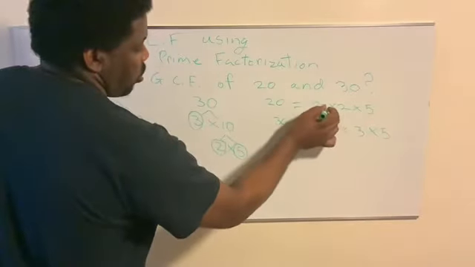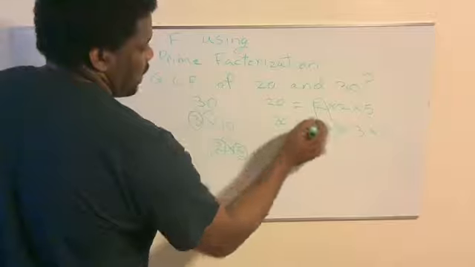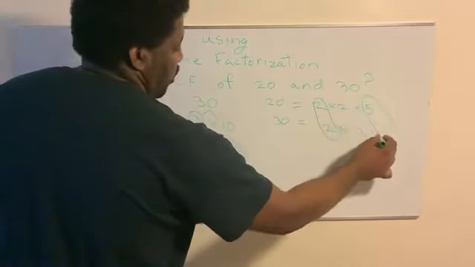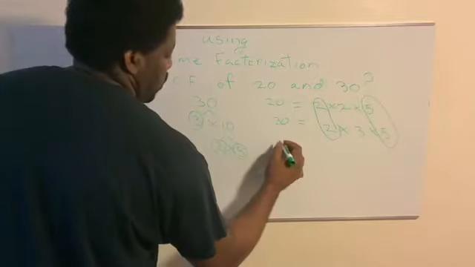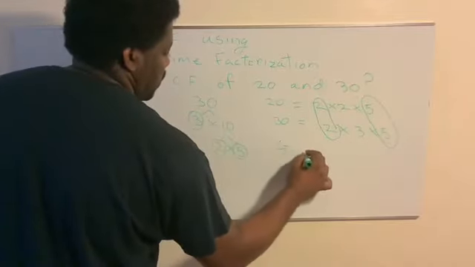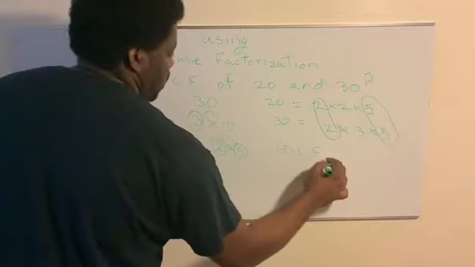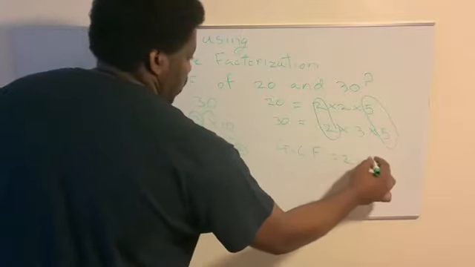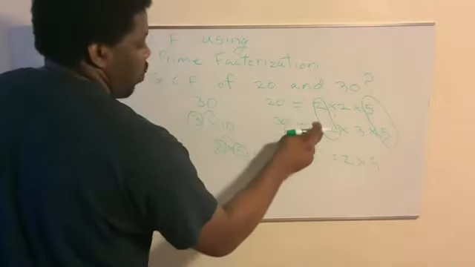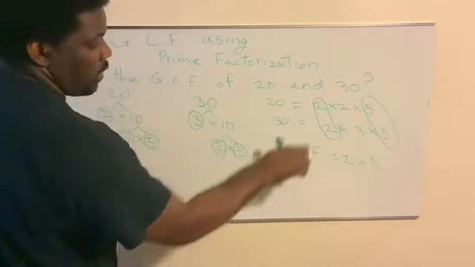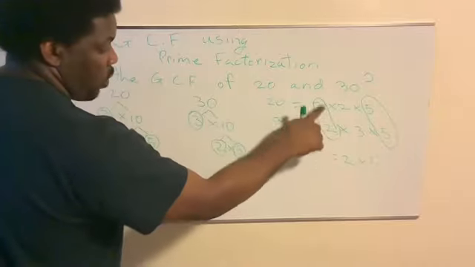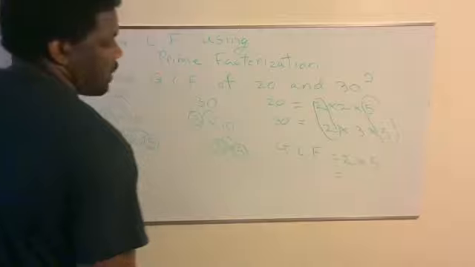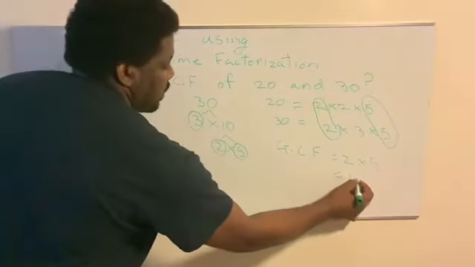So they share 2 one time, and they also share 5. So the GCF is equal to 2 times 5. Again, they share one 2, not two 2s. We are just circling, they share one 2 and one 5, which, as we saw from the listing method, our answer was 10.